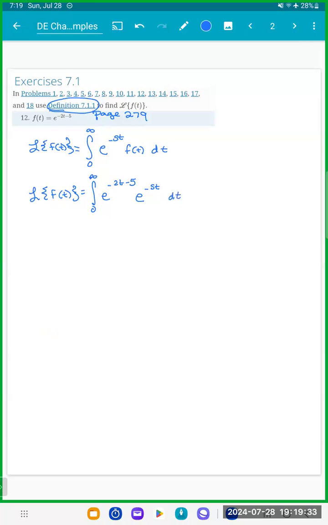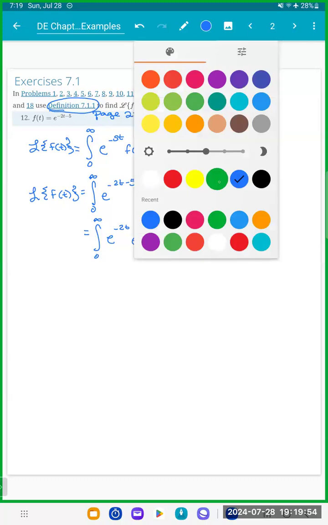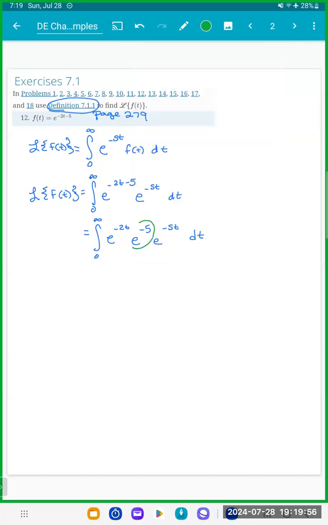Okay. We're going to rewrite this a little differently. We're going to break this piece right here up. So we can write that still as e to the negative 2t and then e to the negative 5, e to the negative st. So it's all still the same. We're just breaking it out. The reason we're doing this is because you'll notice this piece right here does not have the t with it. So we could actually pull that out to the front here.